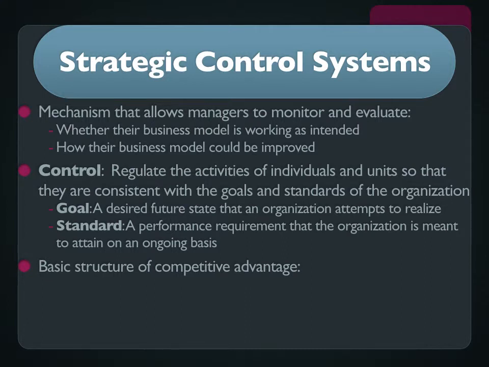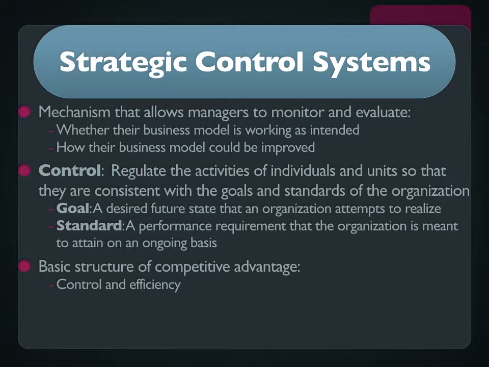The basic structure of competitive advantage from having controls is that systems of control allow for efficiency. If you have effective controls, organizations tend to be highly efficient. We can think about this even at a small level. One area of waste in restaurants is food scraps.